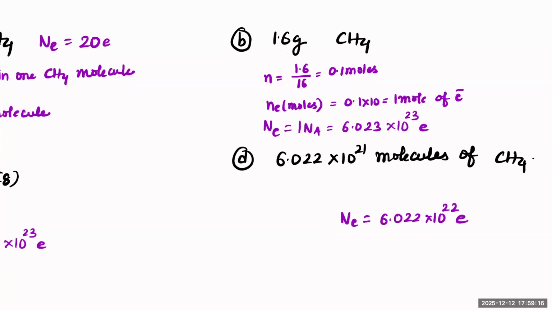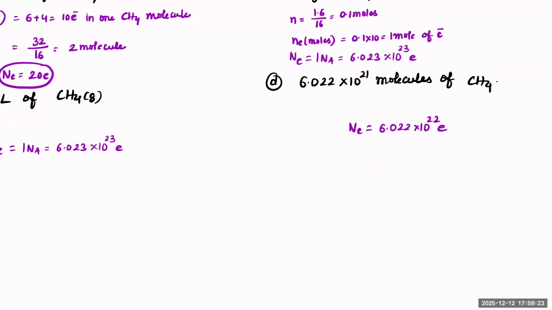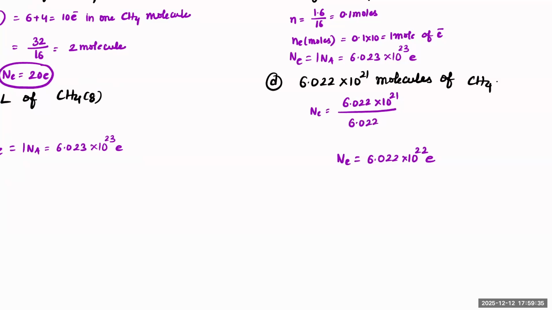And 1 mole of electrons is how many? Avogadro number. And lastly, the number of electrons is simply equal to the number of atoms or molecules divided by Avogadro number.